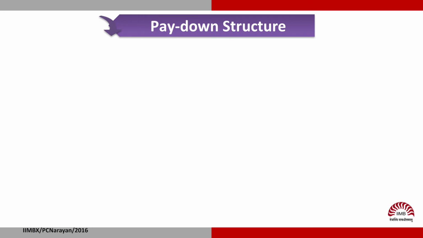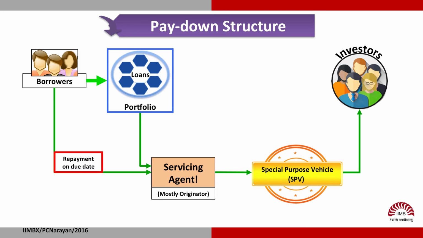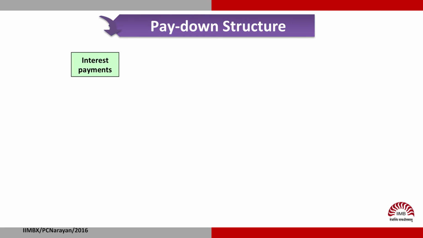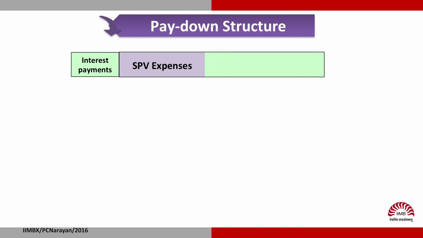And finally, pay-down structures. In this structure, the interest payments and principal payments are handled differently. Let's first look at the interest payments. The interest cash flows are used to meet the SPV expenses, and the balance is paid to investors in proportion to their holdings in that securitization portfolio.